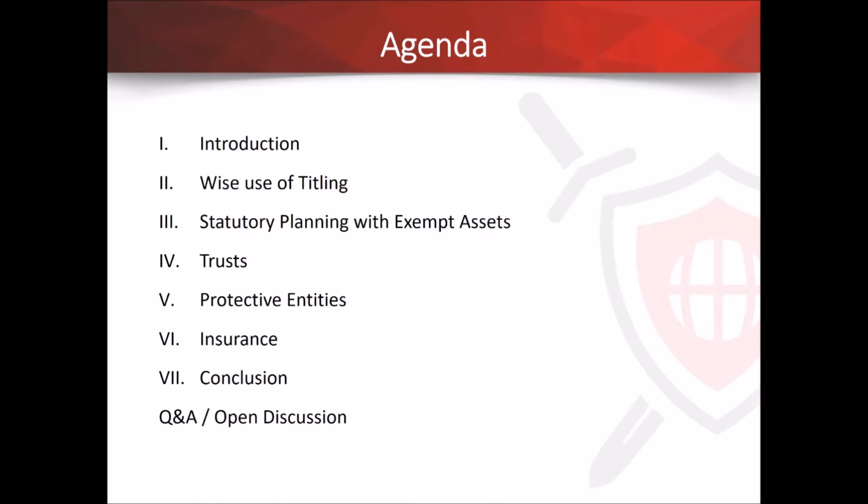But we'll talk about the use of titling, statutory exemptions, general basic trusts, and then protective entities, including corporations and charging order protected entities. We'll touch on the interplay of insurance with asset protection planning, and we'll conclude with some questions.